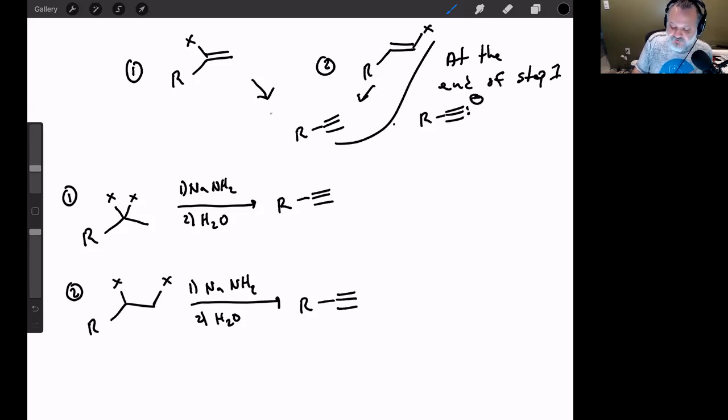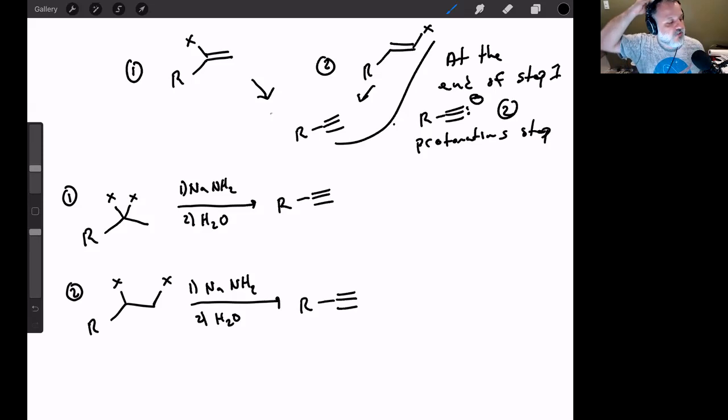And so step two is a protonation step to make the alkyne neutral. And we already discussed that water would be a strong enough acid to protonate an alkynide because of the differences in acid strength. And so that's something that we already know, or at least that part we already know.